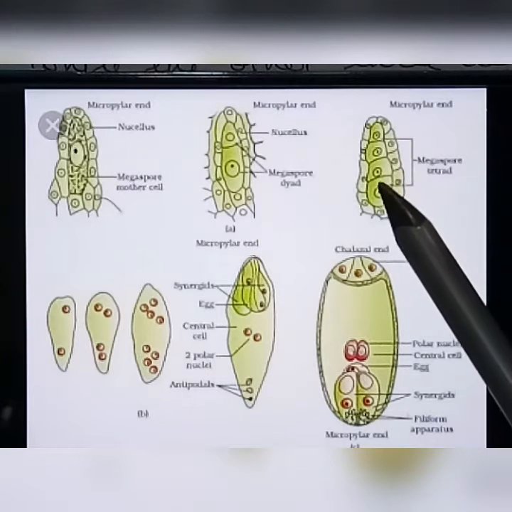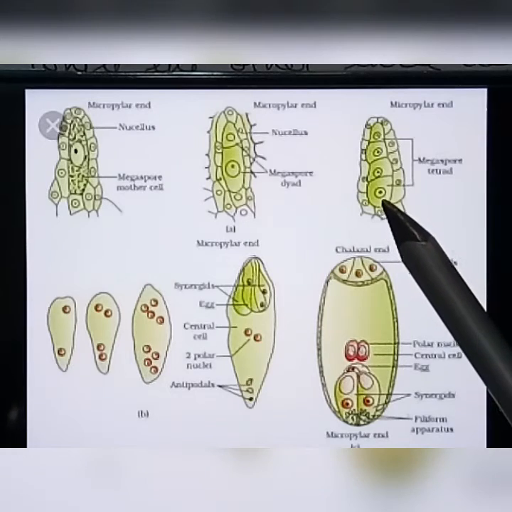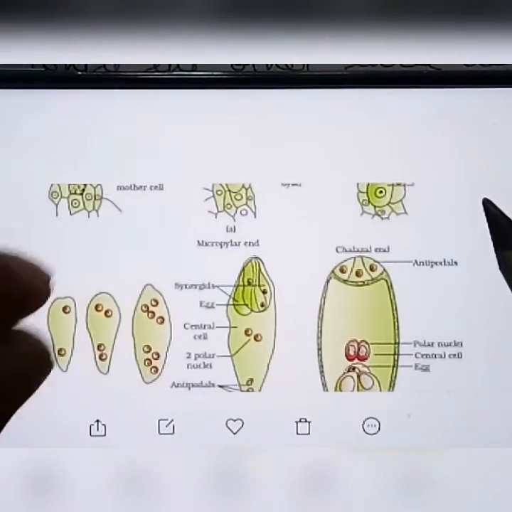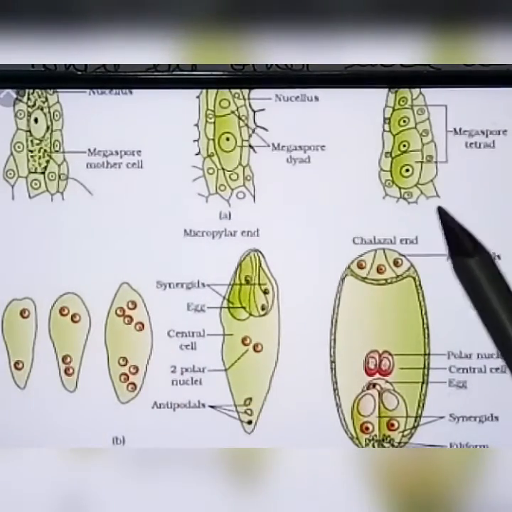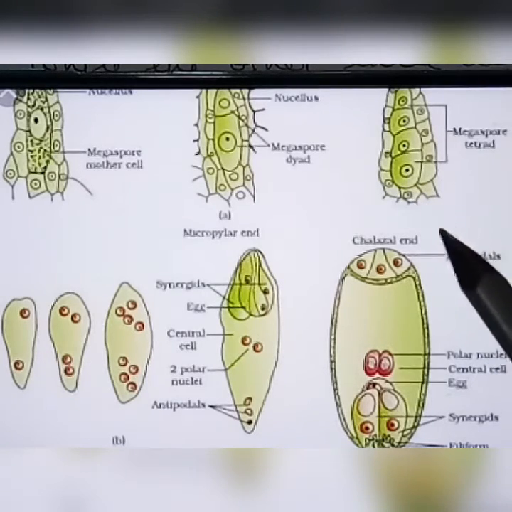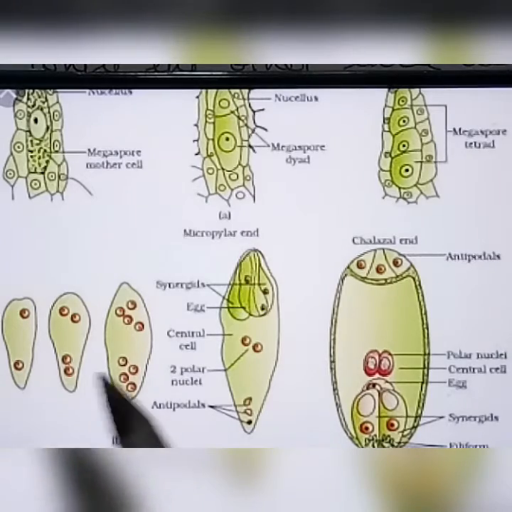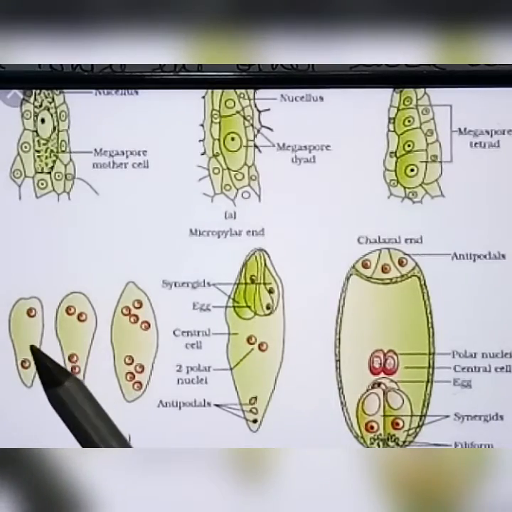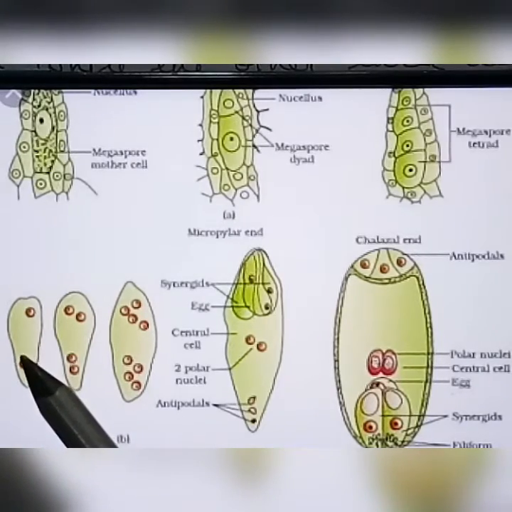The upper three cells degenerate and the lower cell becomes the functional megaspore. Then this cell enlarges and grows in size. Then its nucleus divides by mitotic division and forms two nuclei. Both the nuclei move to opposite poles and form the two-nucleate embryo sac.